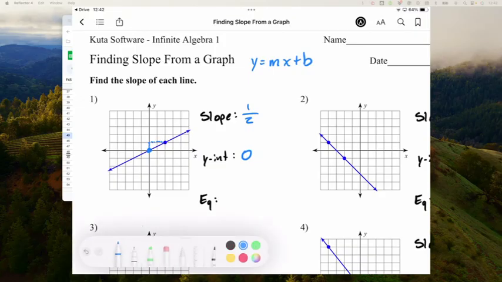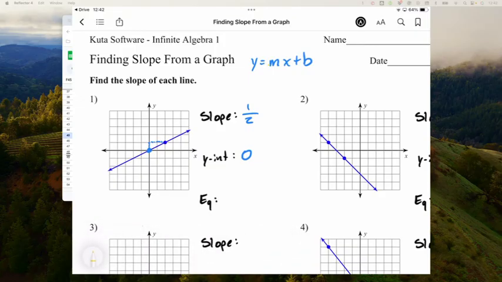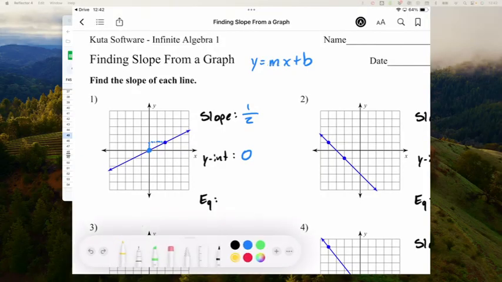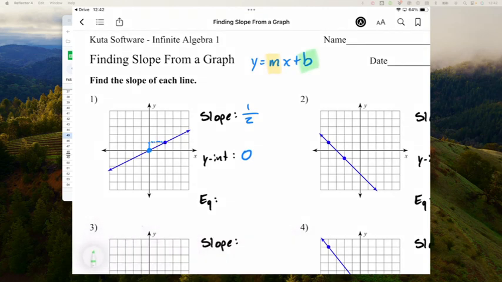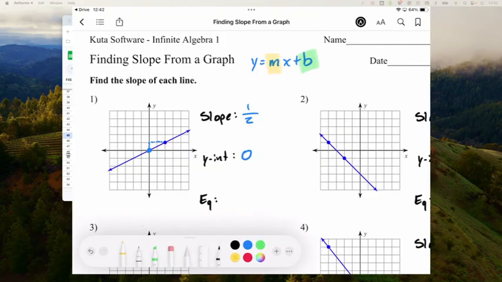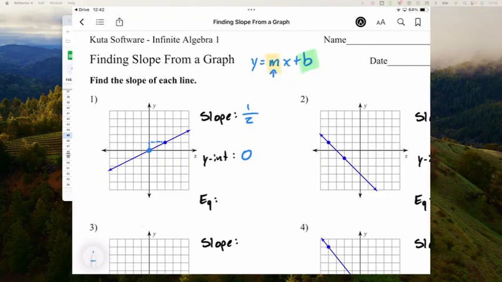It is called the slope-intercept form because the letter m is the value that represents our slope, and b is the value that represents our y-intercept. The y and the x always stay the same.